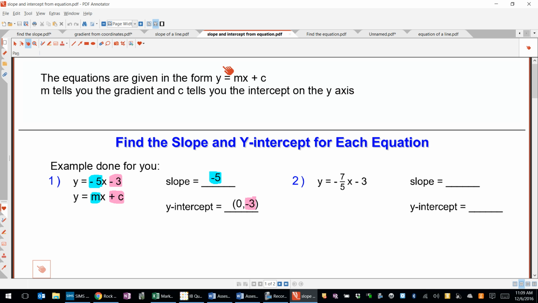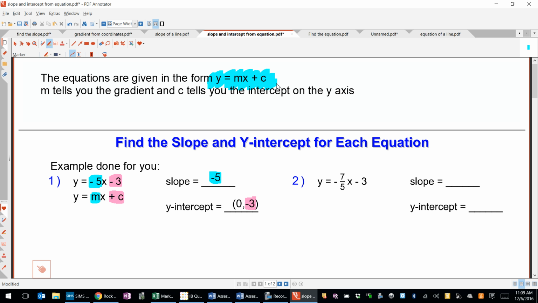That is the general form of a linear equation. So the information that we're getting about gradients and about where it crosses the y-axis comes from the equation.